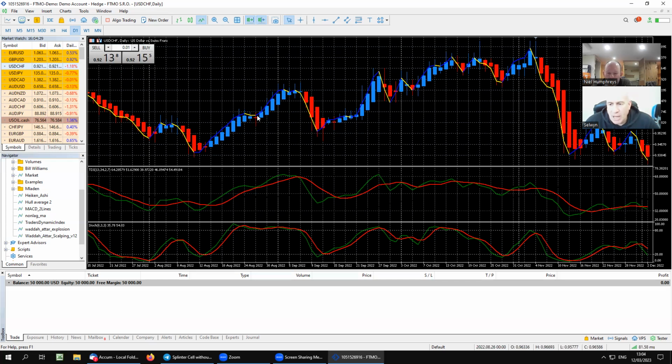As soon as I see one of those dojis, because they're saying if you see a wick both sides, it's indecisive. So you could even look at the one before that. Is a doji. It's wick.